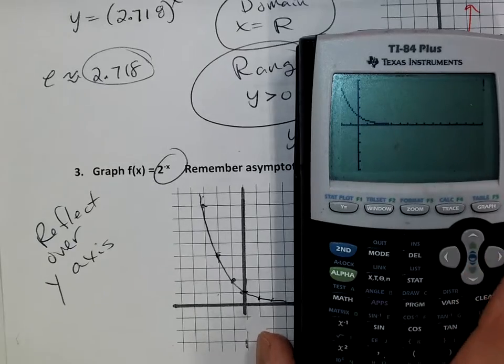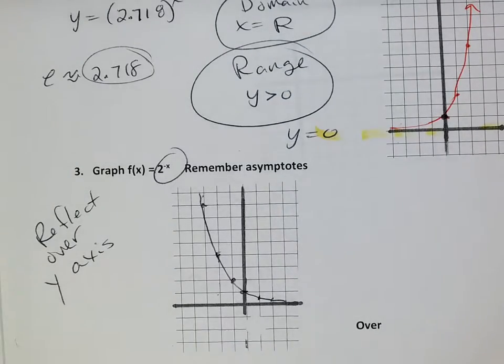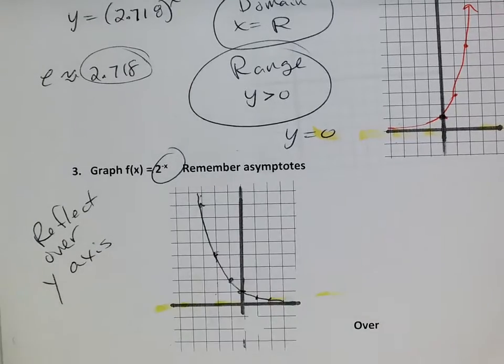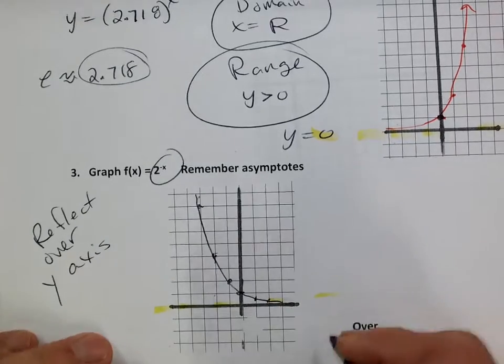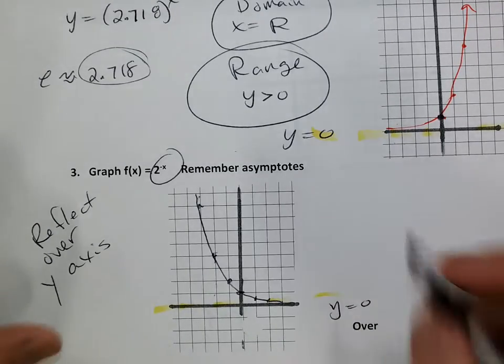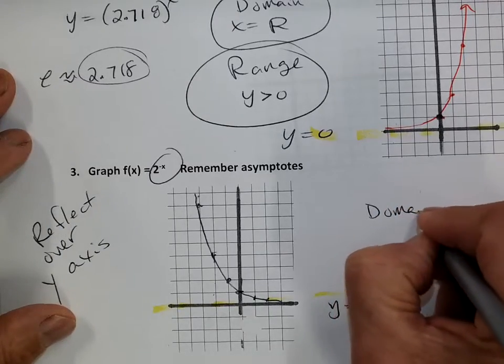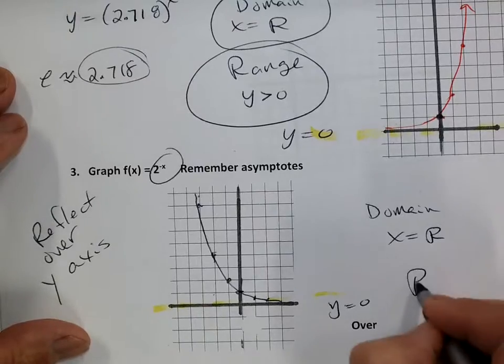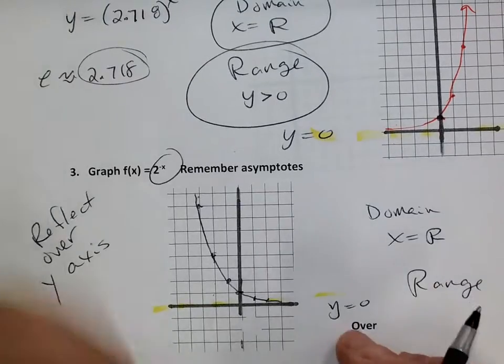Again, same thing, we're going to have a horizontal asymptote at y equals 0, okay? There's my horizontal asymptote. Now, domain and range are the same. Domain is all real numbers, right? X equals all real numbers because it's forever wide, and the range starts kind of at 0.